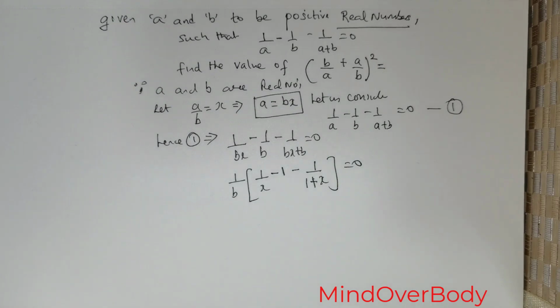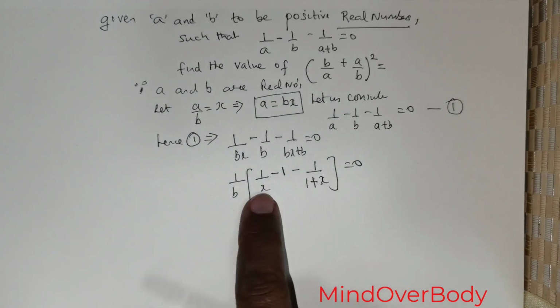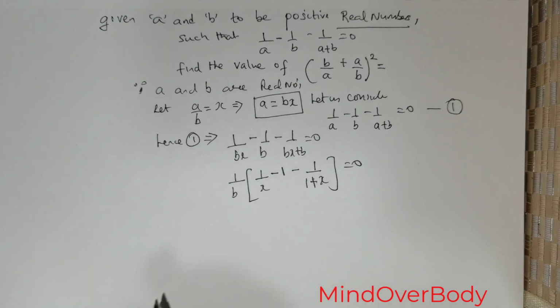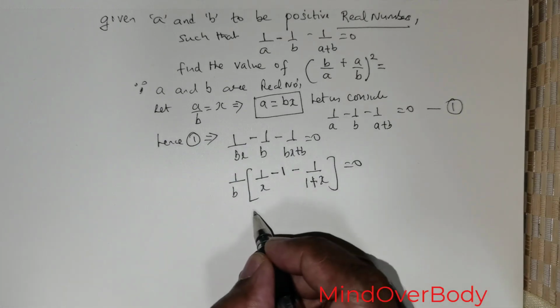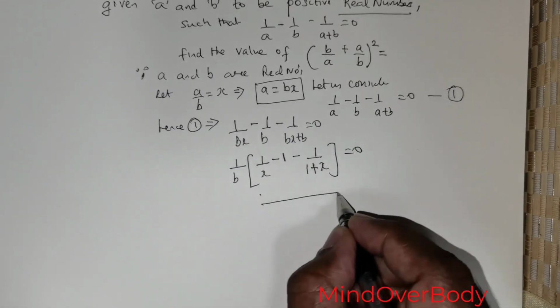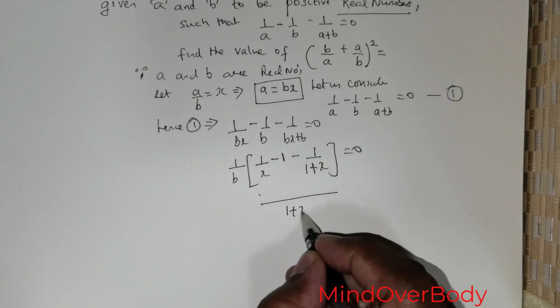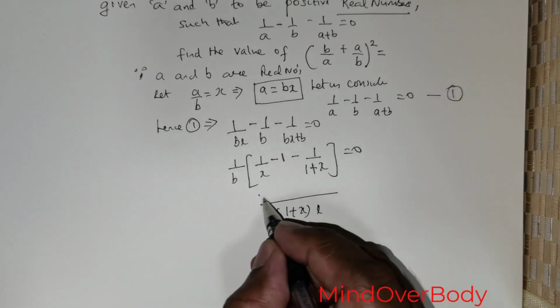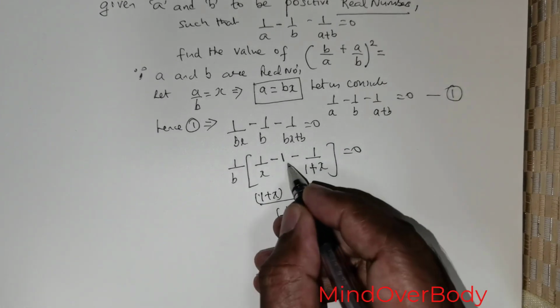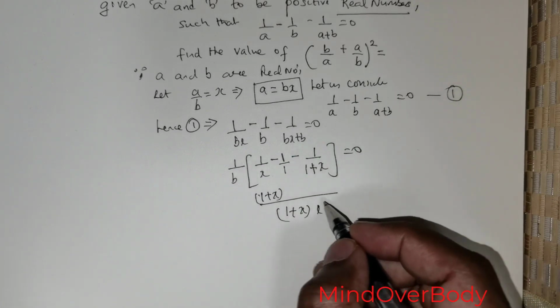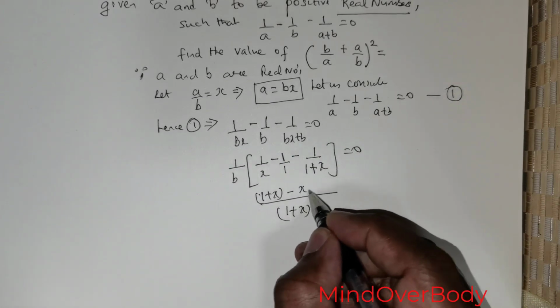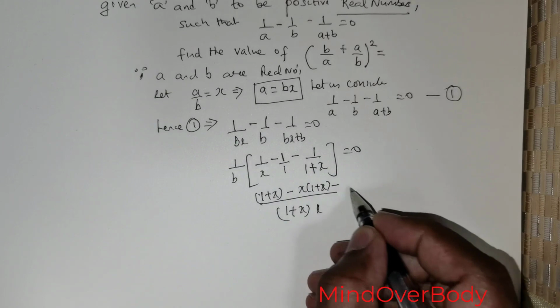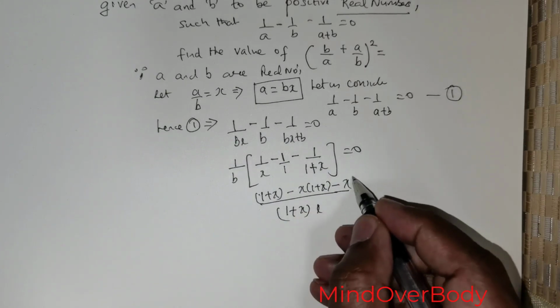Fair enough, right? So now when you cross multiply, you can remove this B out. So let me take the LCM as (1 + x) times x. This would give me (1 + x). This has the denominator 1, so this is going to give me negative of x times (1 + x), followed by negative x.